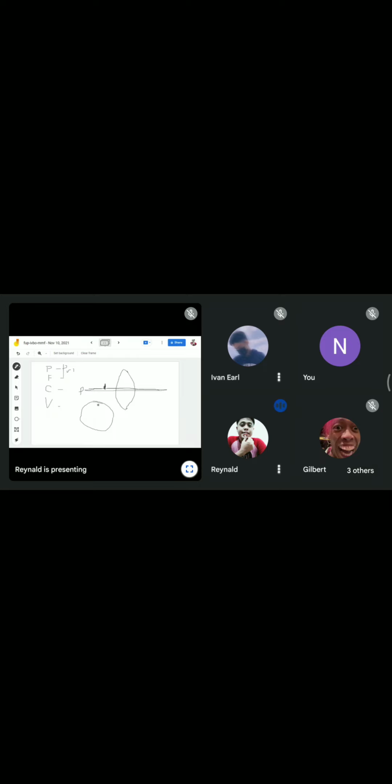So, for example, this is a whole mirror. If we cut this into two, this side is the convex and this one is the concave. Imagine that this mirror, for example a concave mirror, was once a whole spherical mirror that was divided into two.